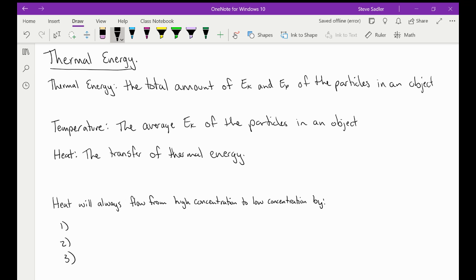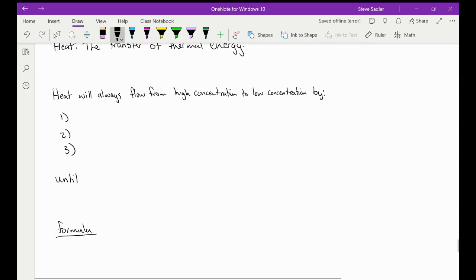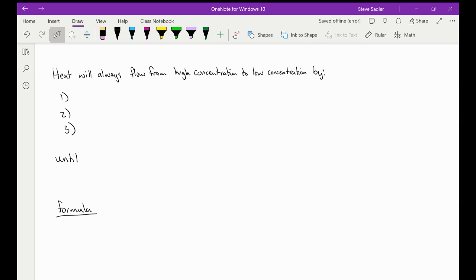So heat will always flow from high concentration to low concentration in 3 different ways. Conduction, which is contact, so 2 surfaces contacting each other. Convection. You don't need to know this for the test, but it's good to know as prerequisite knowledge. Convection is movement through liquid.